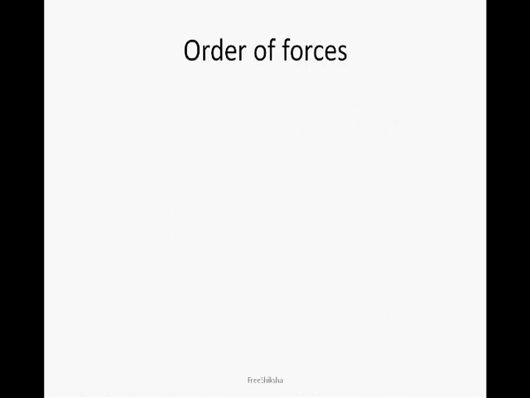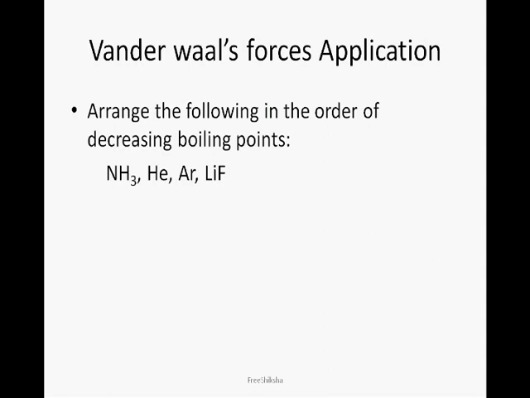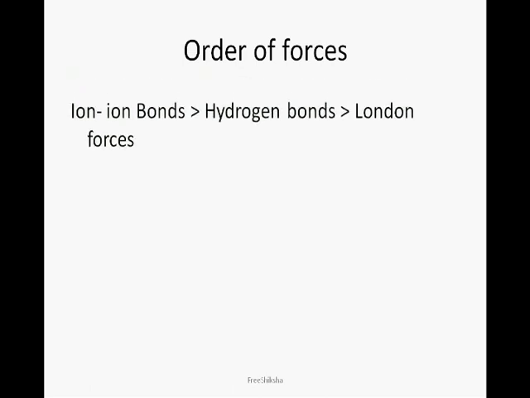For example, lithium fluoride: since fluorine is highly electronegative and lithium is highly electropositive, both the bonds break inside the solution and they wander around as proper ions, and then they get attracted because the ions are formed. So these are the ion-ion bonds, and these are the strongest bonds among these types of forces.